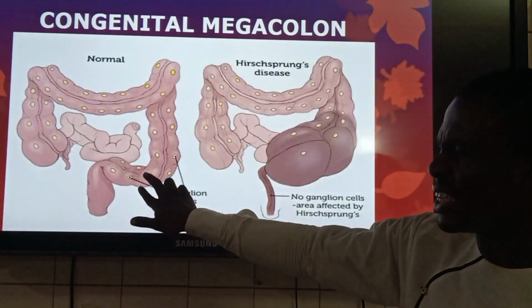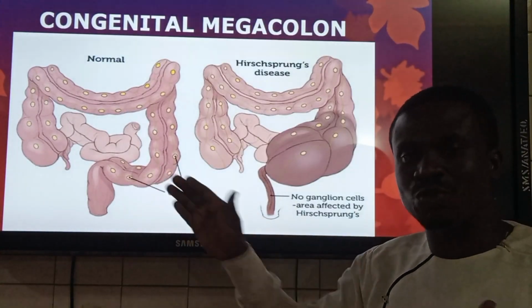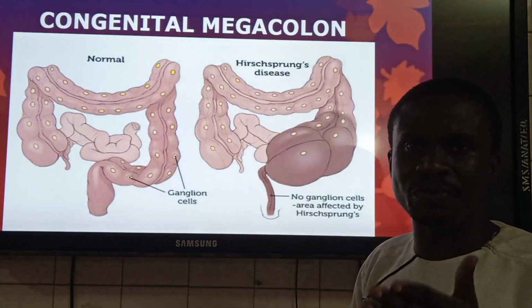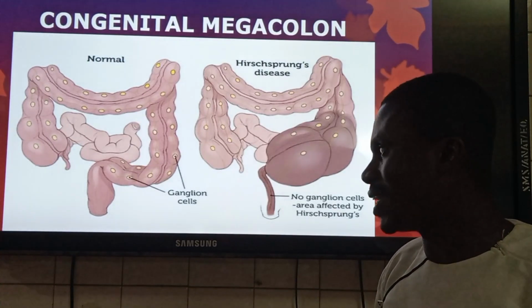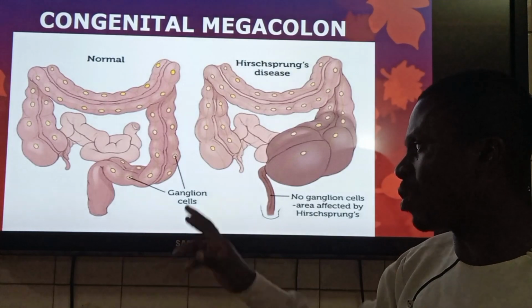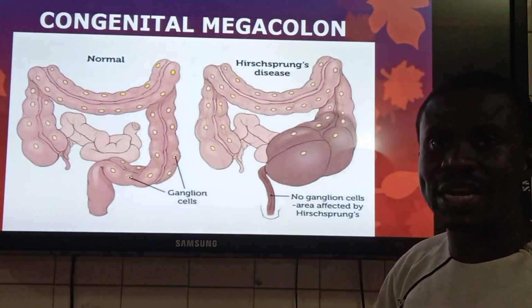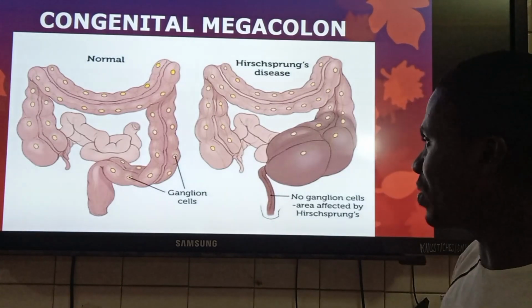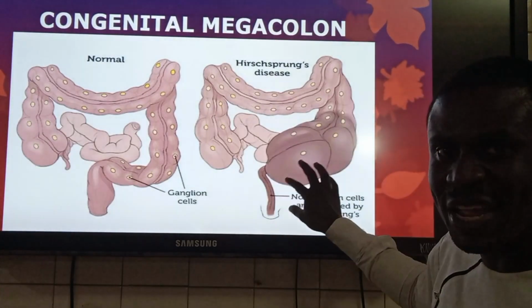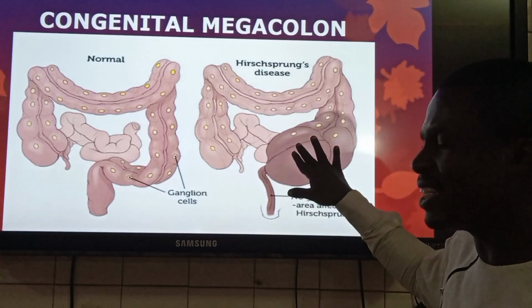Now, in the wall, I'm interested in between the inner circular and the outer longitudinal smooth muscles of the colon. What we see is the myenteric nerve plexus, or Auerbach's nerve plexus. Especially in the portion where we have that defect, we don't get these ganglionic cells.